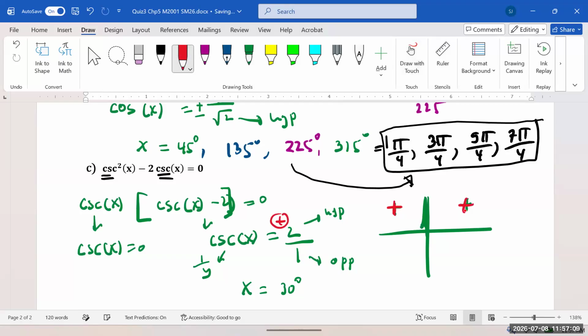So you're looking for positive y. That means we're supposed to have two answers. One is in the first quadrant and one is in the second quadrant. So the first quadrant is 30 degrees, we accept. But for the second one, we need this big angle, 180 minus 30, 150.